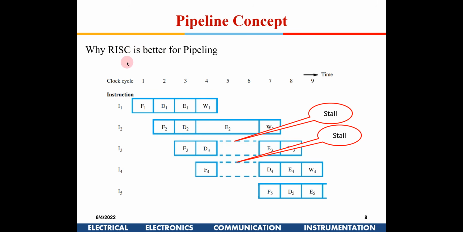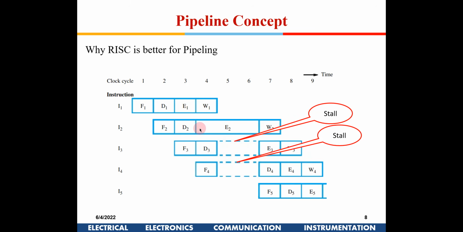Now if you remember, in one of the initial classes we learnt about the CISC and RISC types of computers, and we mentioned that RISC computers are better for pipelining. Why did I say that? In complex instruction set computers, you have different types of execution commands.